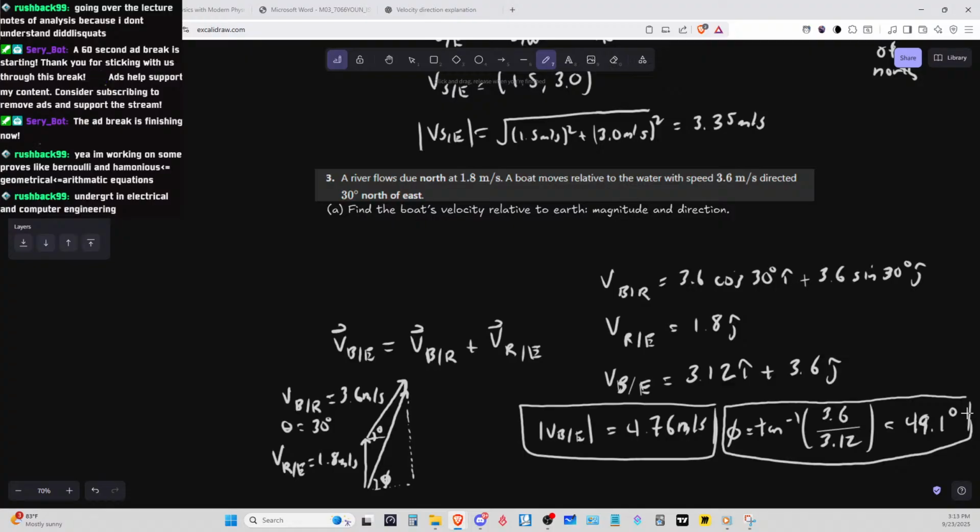Undergraduate in electrical and computer engineering. Oh, okay, that's cool. So are all these required for your electrical and computer engineering degree, or you just felt like taking them because you love math? Because I feel like that's a lot of math.